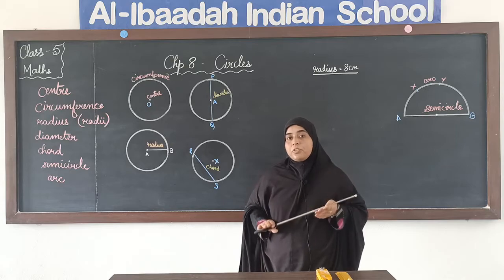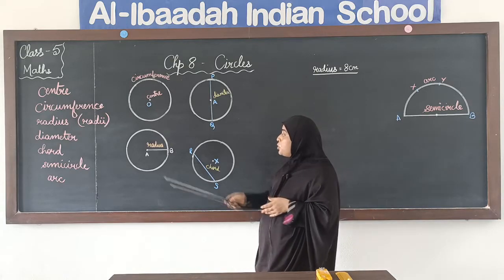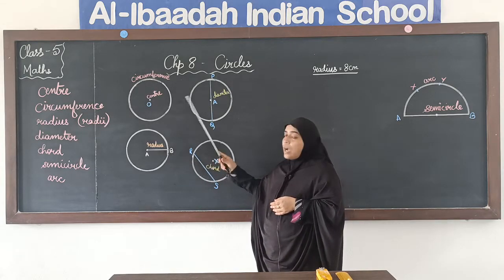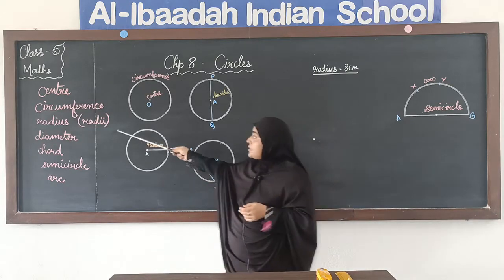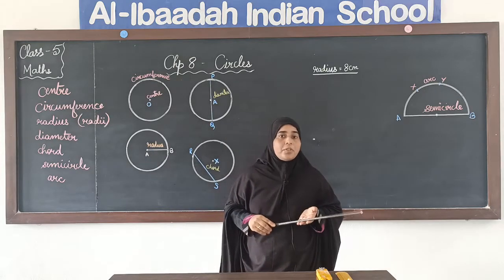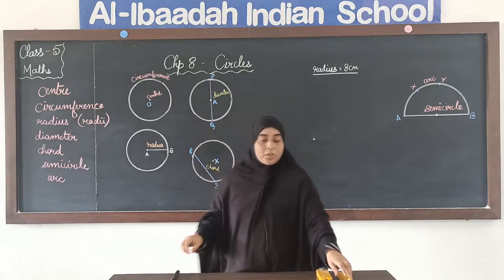Again, when we are constructing the circle, we should know the length of the radius, okay. Now how many radii can we draw in a circle? Radii is the plural of radius. We can draw any number of radii for a circle.